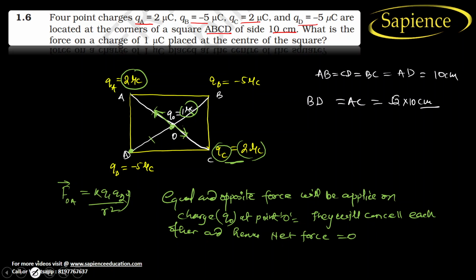Similarly, if you observe point D as well as B, the force on point O due to D will be an attractive force, so it may be like this. It will try to attract in this direction, but a similar equal amount of charge, minus 5 microcoulomb, is kept in this direction also, so it means an equal amount of force will be applied in the opposite direction.